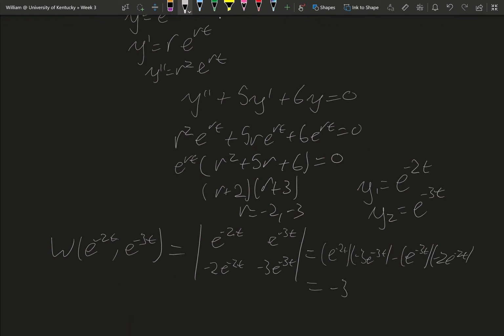So negative 3 e to the negative 5t plus 2 e to the negative 5t. And so we get negative e to the negative 5t as our Wronskian.